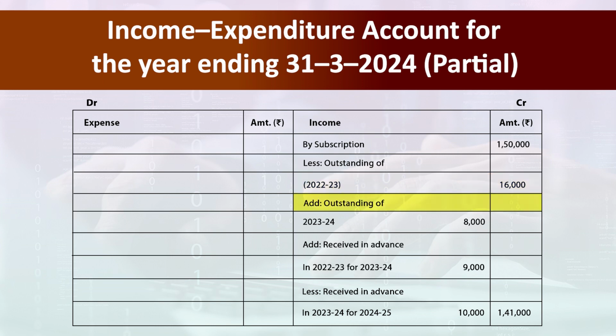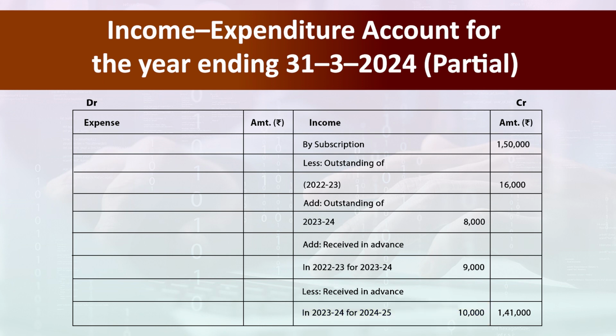In it, we would be adding outstanding of 2023-2024 of rupees 8,000. Further, we would be adding subscription received in advance in 2022-2023 for 2023-2024, which amounts to rupees 9,000. From it, we would be deducting received in advance in 2023-2024 for 2024-2025. The amount is 10,000.